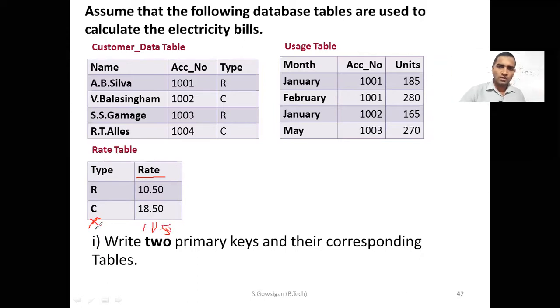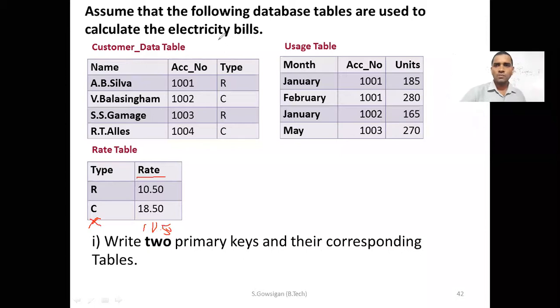But you know that next type cannot have the same name, right? RC. That should be given another letter. But the rate can be, right? Sometimes can be. Even though it is not common, it is possible. We can argue. So it can have 10.50, 18.50 as different data, you can't say that primary key is rate.